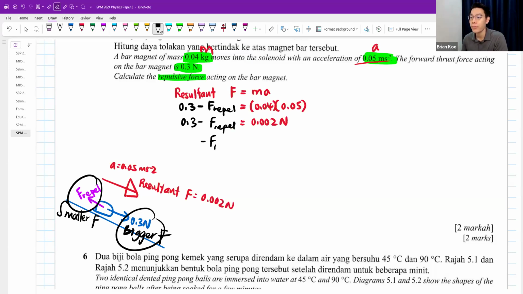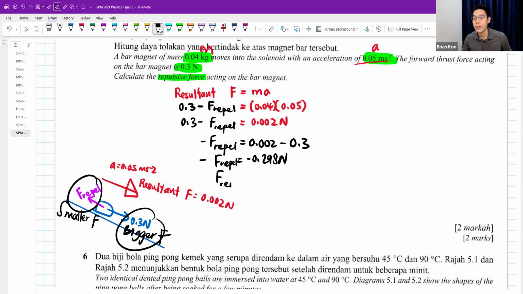So I do it slowly like this, minus 0.3, and we end up with a negative value. Then you just remove the negative sign.